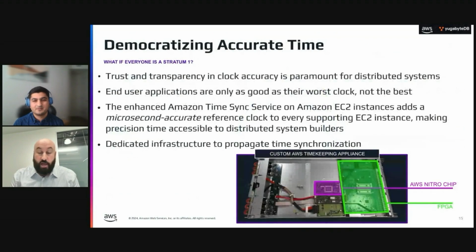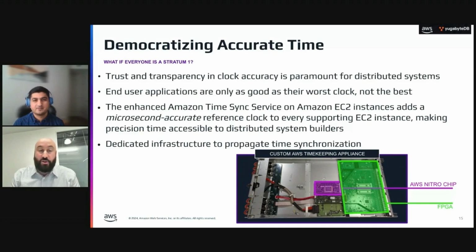So what we did at AWS is, instead of looking at just NTP or PTP, we saw that those were not going to get us into the low microsecond range of clock accuracy, and realize you need to be on the reference clock. The biggest cause of error in your clock is your actual network itself.